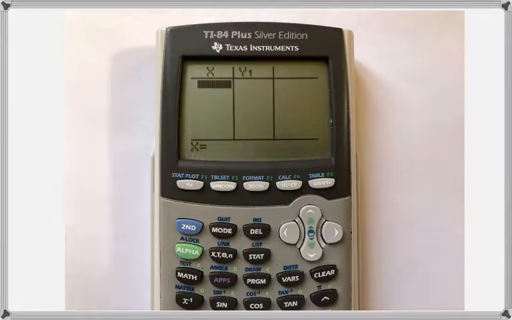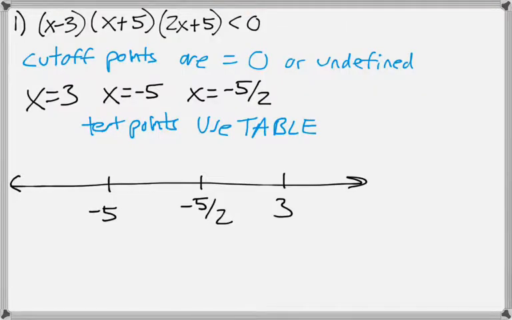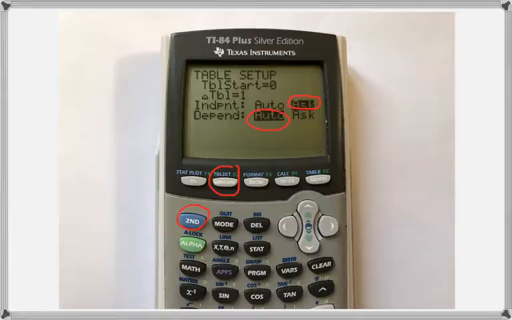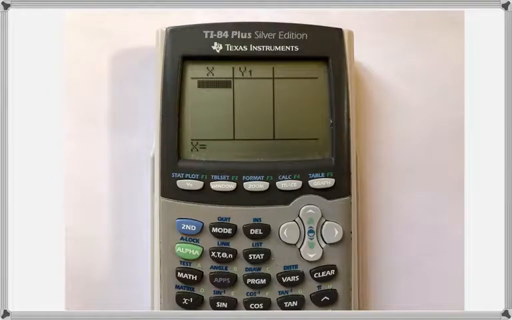Once you do that, first of all, you want to make sure that you enter your actual equation into the y equals. So if you enter that into y1, and then make sure the table setting is in that correct mode, then go to table.